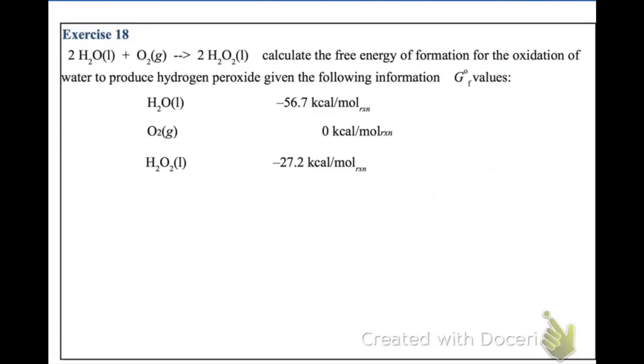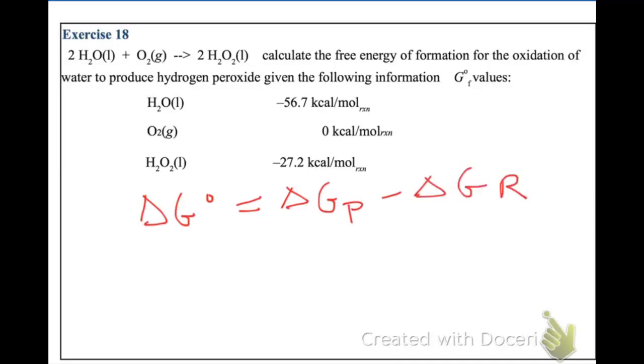So we are asked to calculate the free energy of this reaction to produce hydrogen peroxide from water and oxygen. And we are given delta G values. So all we have to do here is use the delta G of formation, which is the delta G of the products minus the delta G of the reactants. In this case, we're given them in kilocalories per mole.